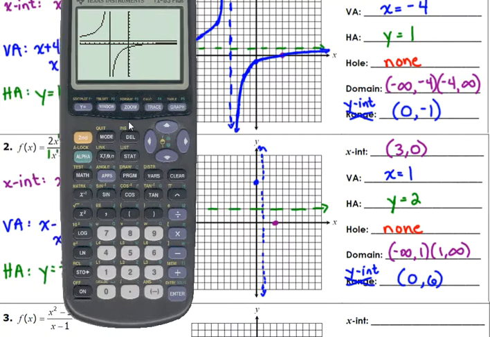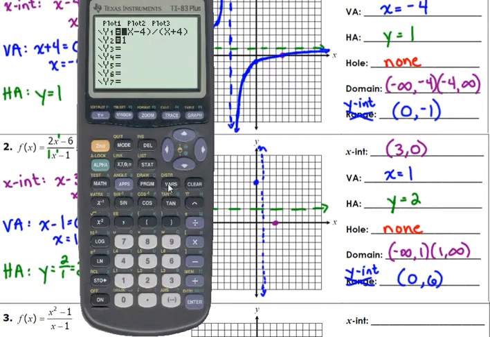Now we go to our calculator. Numerator in parentheses, 2x minus 6. Denominator in parentheses, x minus 1. My horizontal asymptote was 2, so I'm going to graph that in y2 just so I can see it.